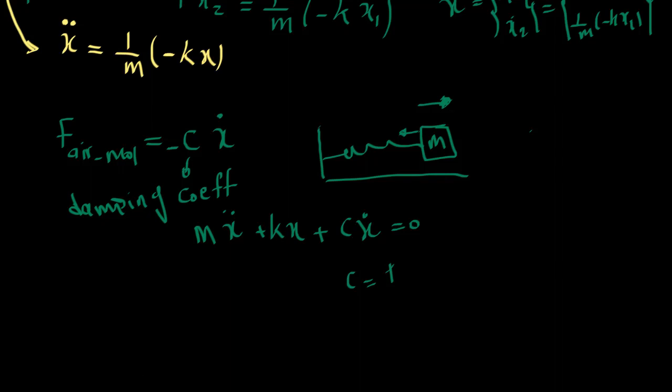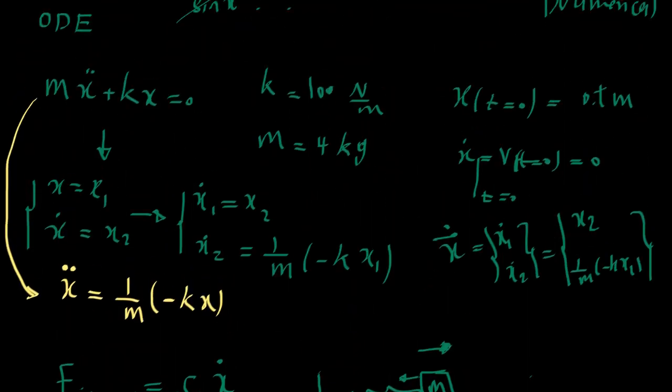So let's go to our code, and basically if I go up here, I have to add the minus c x dot term here, and x dot is equal to x2, so that would be minus c x2. So that's basically adding damping, energy dissipation, into the system.